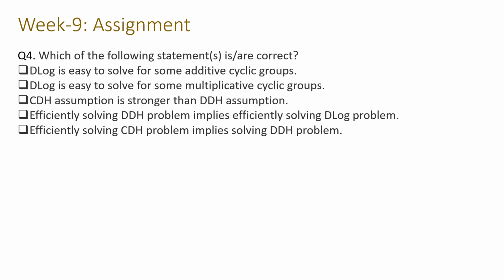Rather, you know that the DDH assumption is stronger, because the CDH problem is a harder problem than the DDH problem. If you remember, what is the CDH problem? You have a cyclic group capital G with a generator small g, and you have the values g to the power alpha and g to the power beta available to you, where alpha and beta are values from the group Zq.